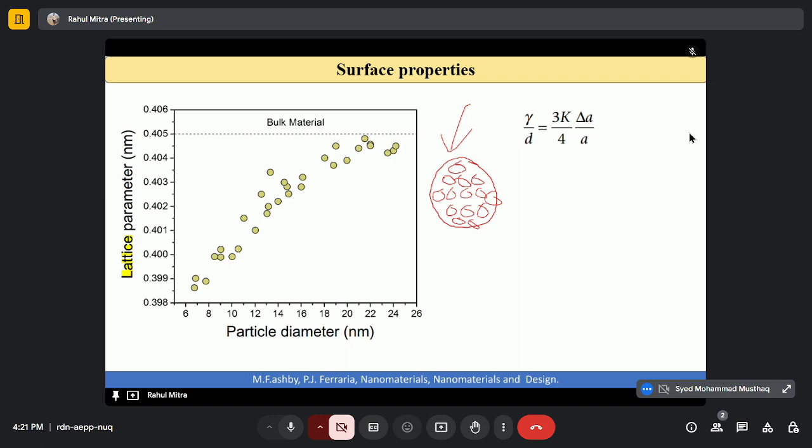For that, first we need to define the surface tension, or the excess pressure on the nanoparticle. If I take this surface, this is my surface, this is the outer environment and this is the bulk environment. There is a difference in pressure, and that difference is defined as delta P.